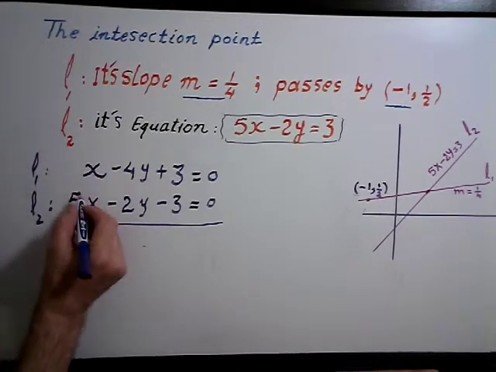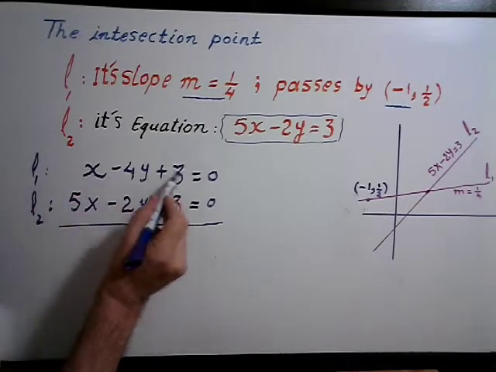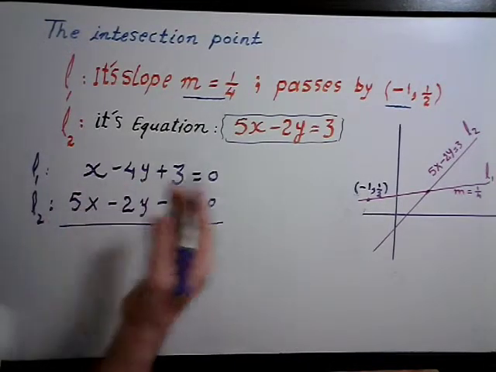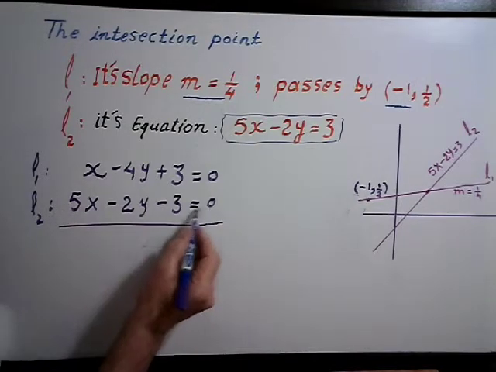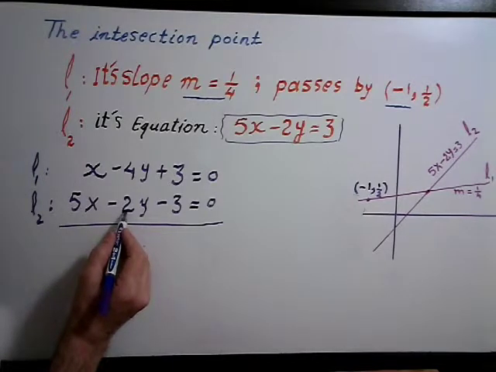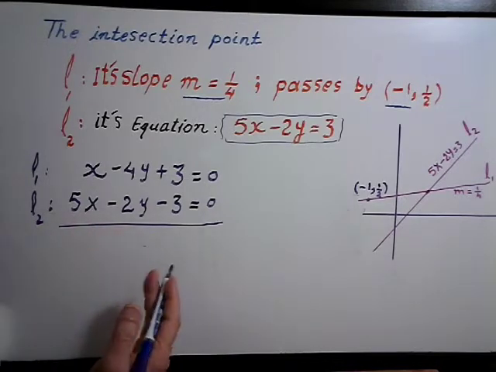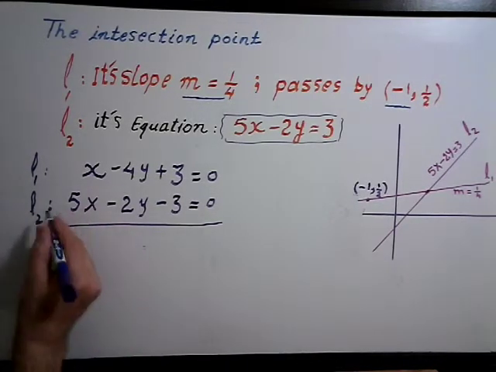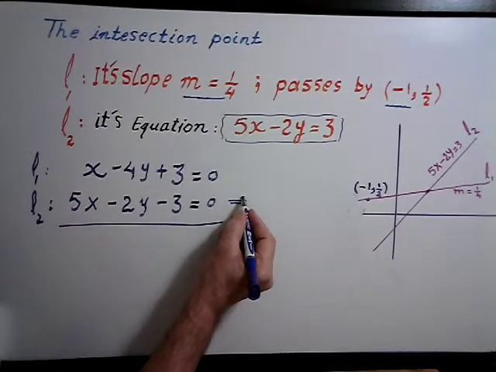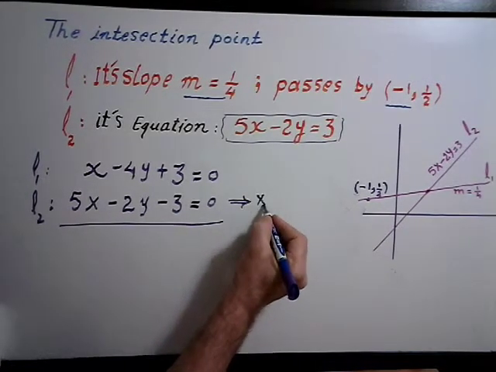To eliminate x's, we need to multiply the first equation by 5 to get 5x here. Or we can multiply the second equation by 2 to get 4y here. You can use either way. I will use the second way, multiplying this equation by 2.